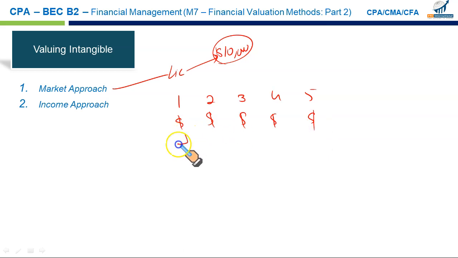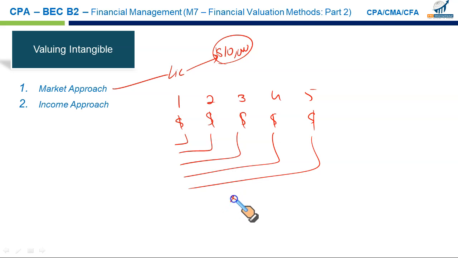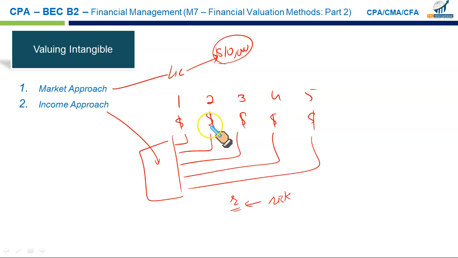If we can bring these future cash flows into the present value using a certain rate that incorporates specific risks related to this asset, discounting these future cash flows at a specific risk-adjusted rate will give me the value that I can show my asset for. This is called the income approach. This is the second approach we have.